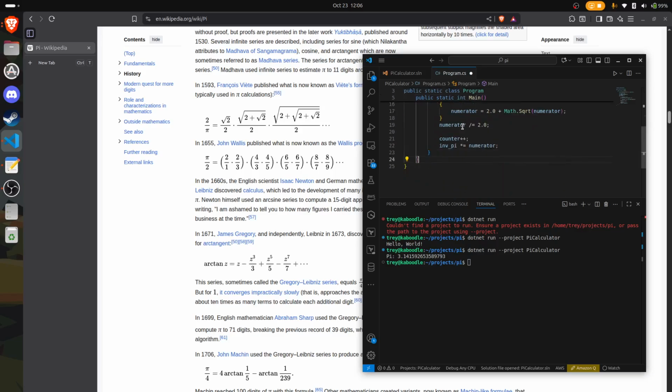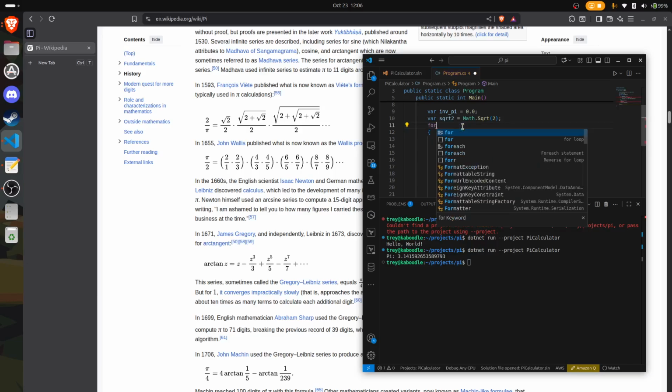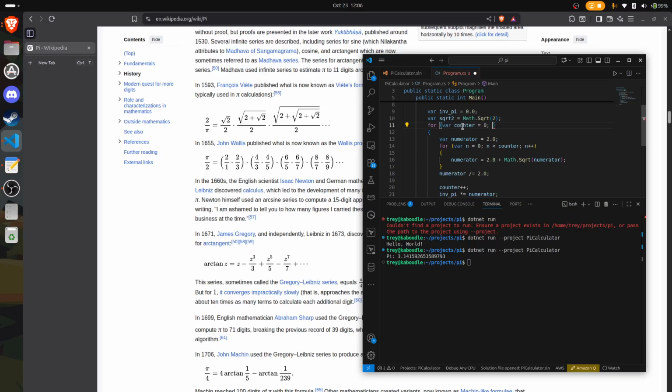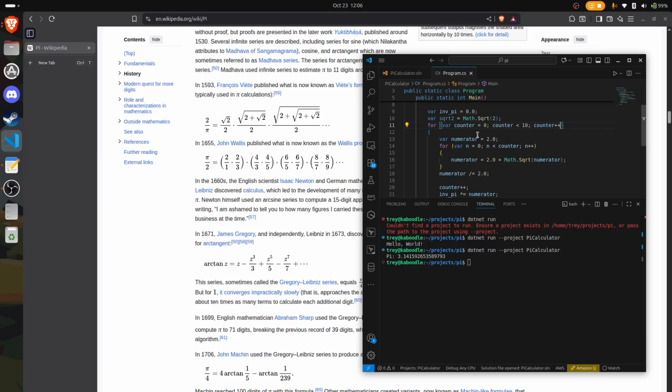This is going to break because I'm going to tell it to break. And we don't need to store the square root of 2 because the way this works, it doesn't really help us.